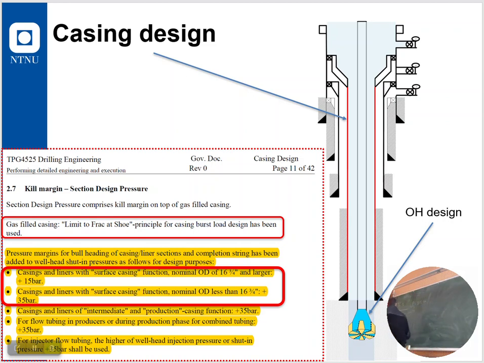So the section design pressure is this plus kill margin. And for the larger sections, typically shallow, they are around 15 bar, and then going a little bit deeper, they are 35 bar.